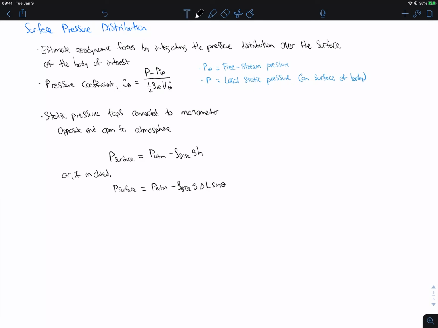So we can get our surface pressure using this method or the other method, depending on the type of manometer that we're using.